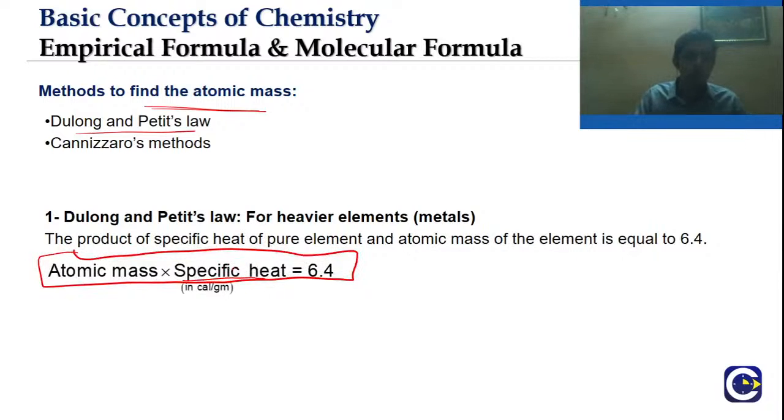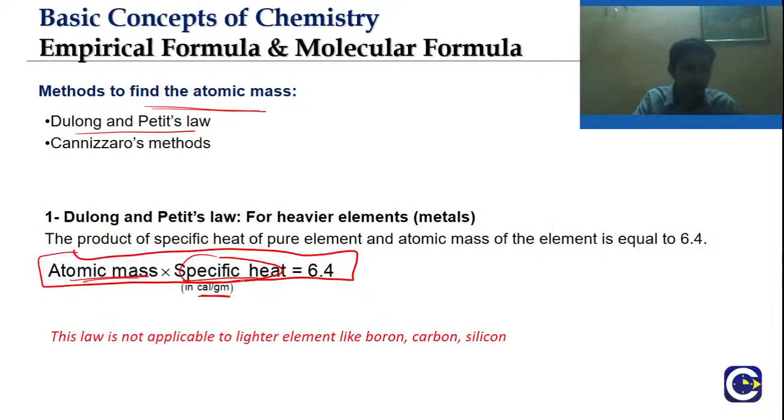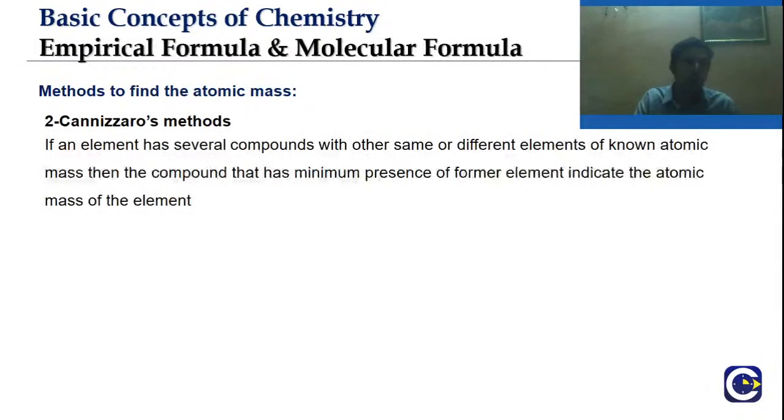From this, for any matter, if you know the specific heat, you can find its atomic mass by substituting in this formula. It should be calorie per gram. This law is not applicable to light elements like boron, carbon, and silicon. This one thing you should be careful of. Clear? Second is the Cannizzaro method, which is used more often.